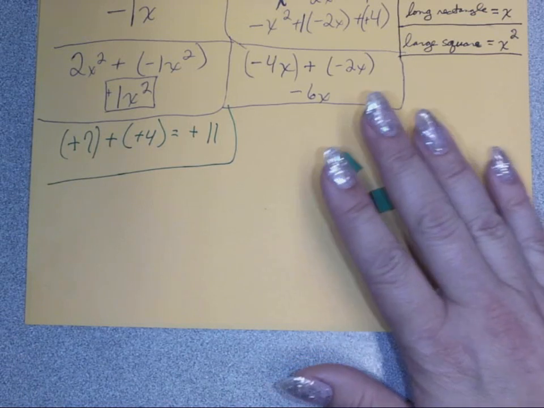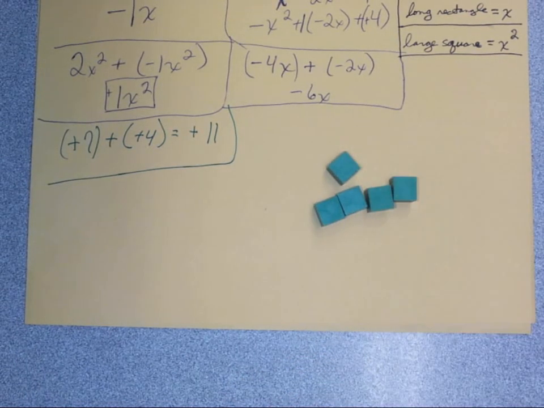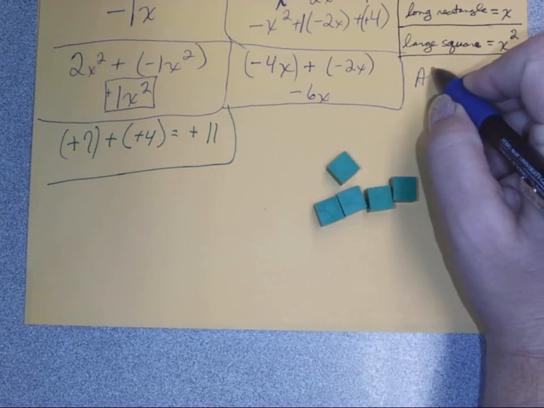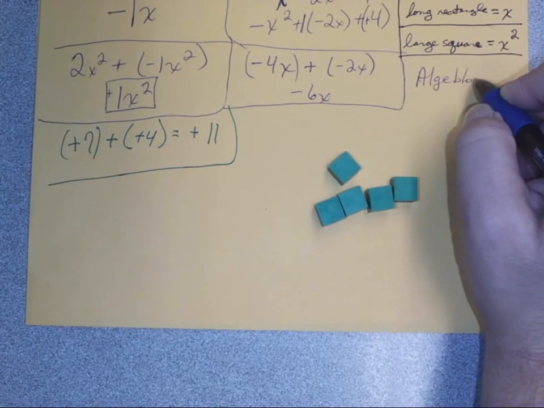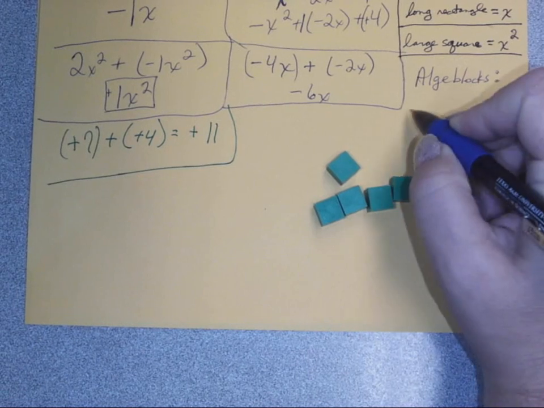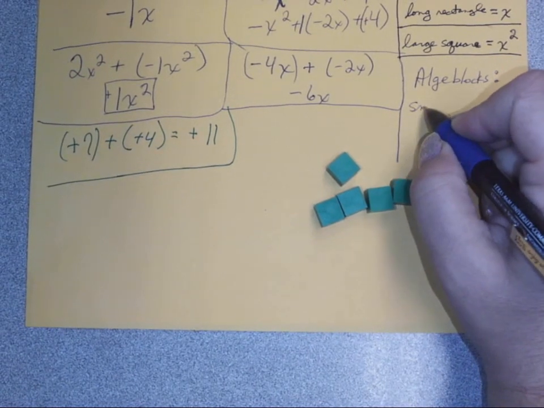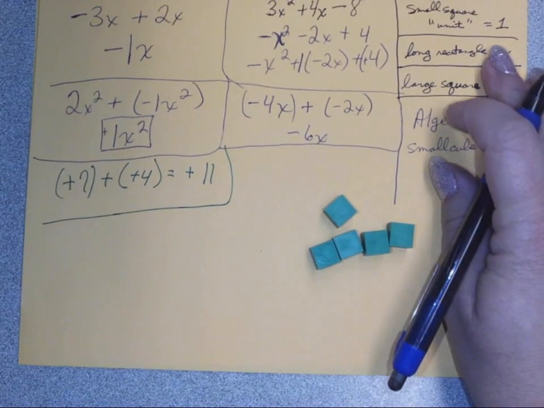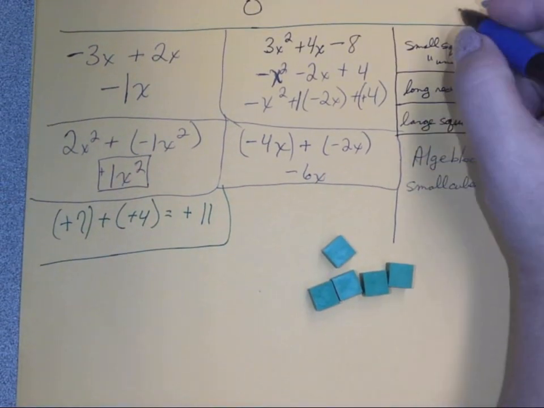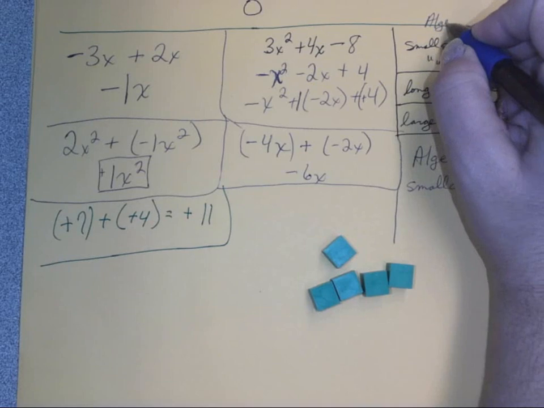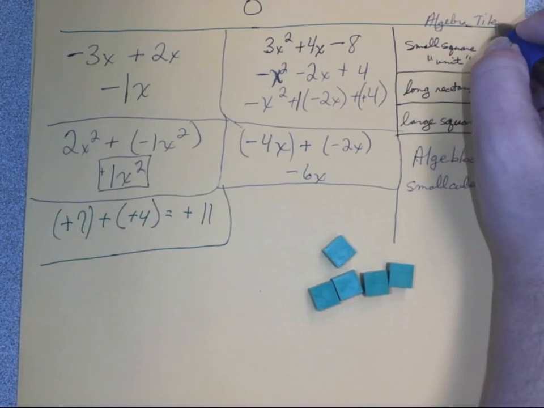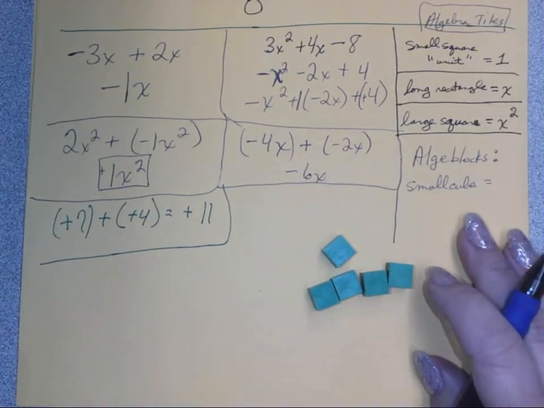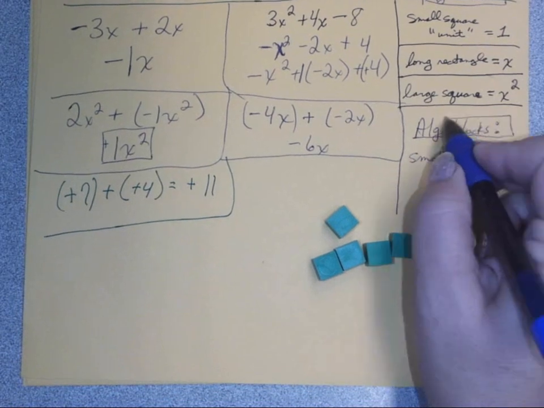Okay, so these are still my units. So Algeblocks. They're still my units, but now I have a small cube, right? Earlier it was a small square. That was my algebra tiles. Okay, so now with the Algeblocks, they're a small cube.